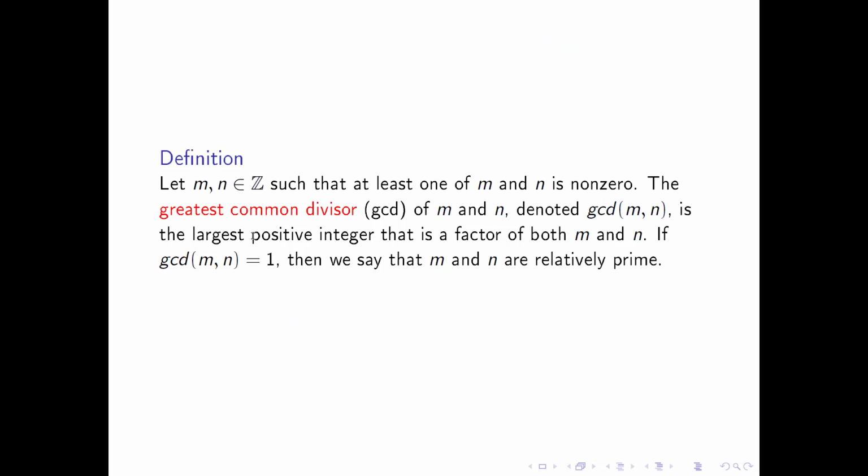Now, after talking about prime numbers, part of the reason we talk about this is to go into what's called the greatest common divisor. Suppose you have two integers, m and n. Then their greatest common divisor, the GCD, denoted GCD(m, n), is the largest positive integer that is a factor of both of them. And if the greatest common divisor is 1, then they are called relatively prime.